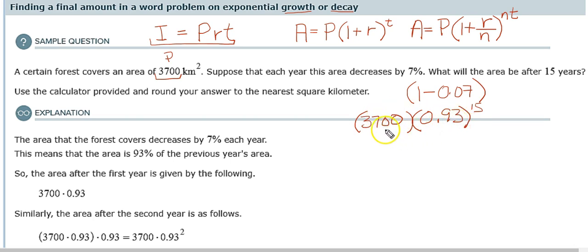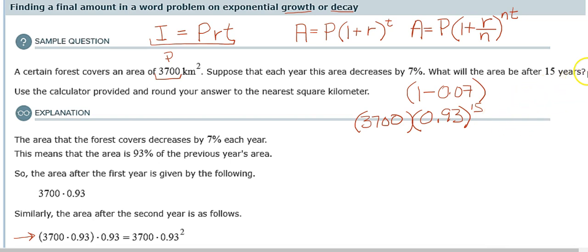So again, you could put all of this into your calculator, and this is what they're showing down in this particular step here. Now they're showing it that after 2 years, after 3 years, after 4 years. But if you want to have it for 15 years, to shorten this process, that's what you do.